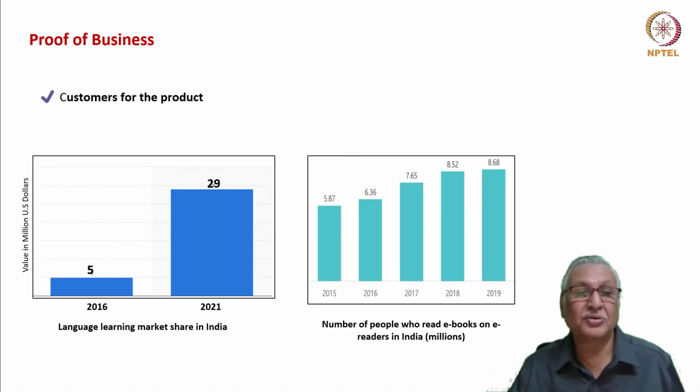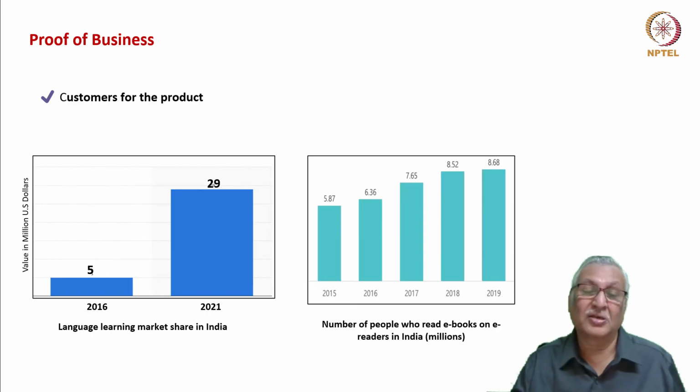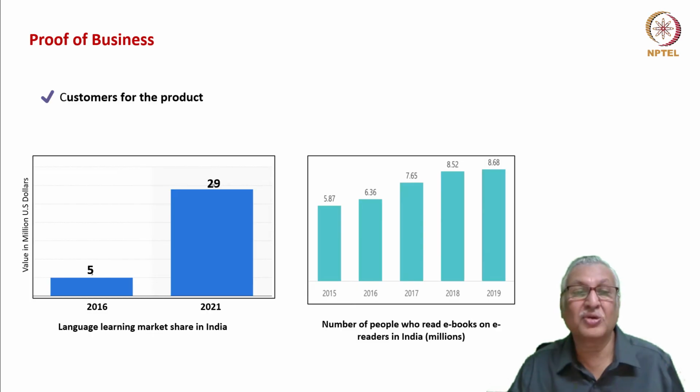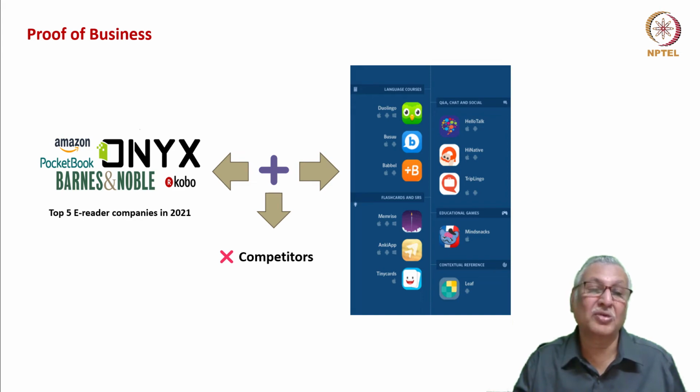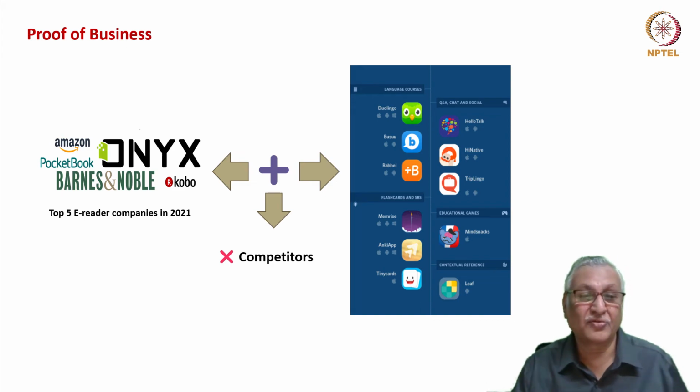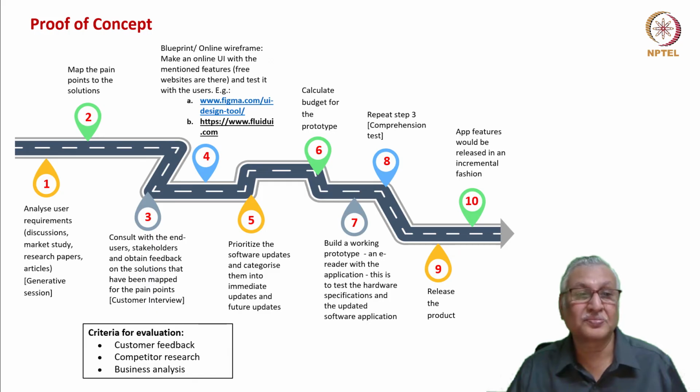The number of people who read ebooks on e-readers in India, which is already at 9 million, could be tapped to accept this kind of reader-cum-learner product. The proof of business is based on the fact that e-reader companies have had a good ride, and there is no competition in this combination option of reading as well as learning.